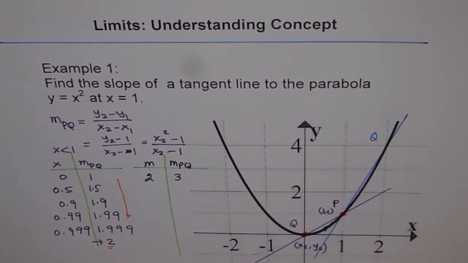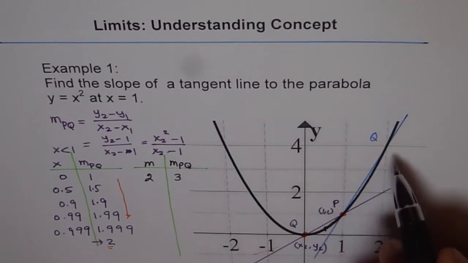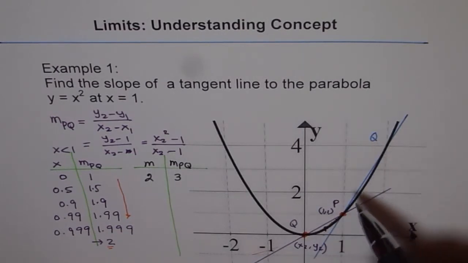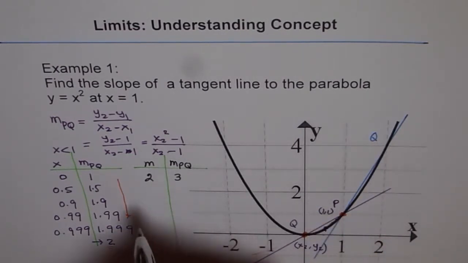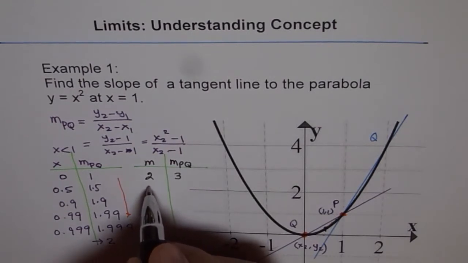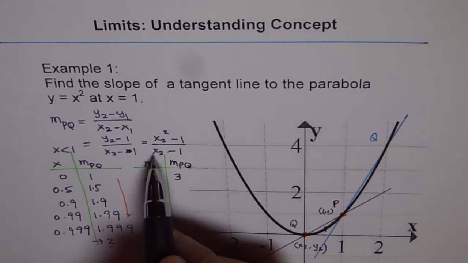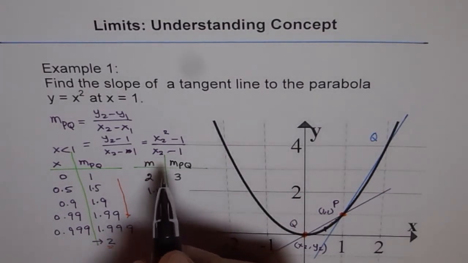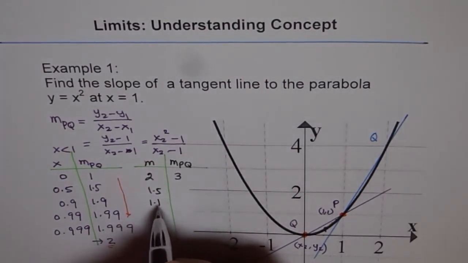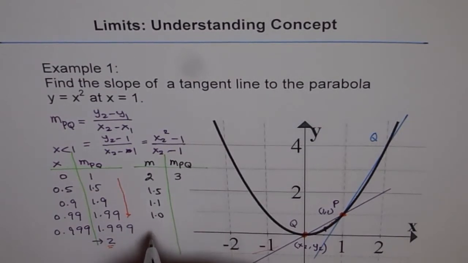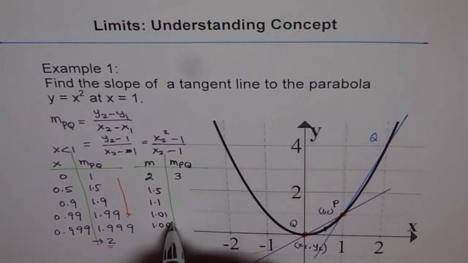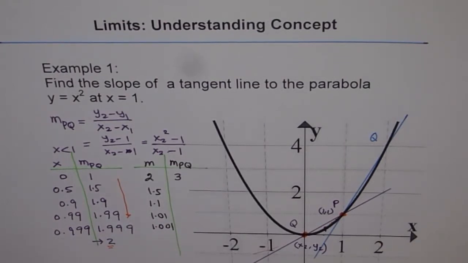So we will compute the slope of our secants as Q becomes closer and closer to P. Let us say we bring it to 1.5. So we have 1.5 square minus 1 divided by 1.5 minus 1. And similarly, we'll bring it to 1.1, then 1.01, and then we'll pick 1.001. So that gives us 3-point accuracy, correct?